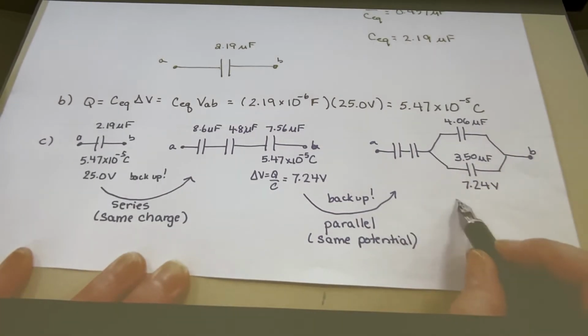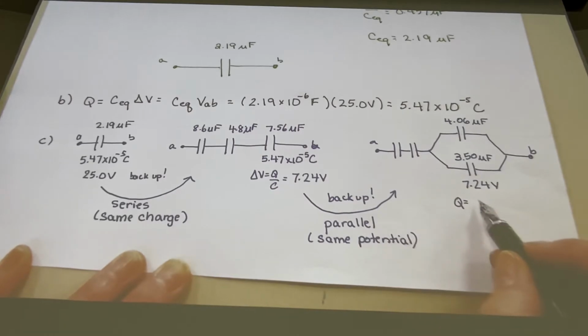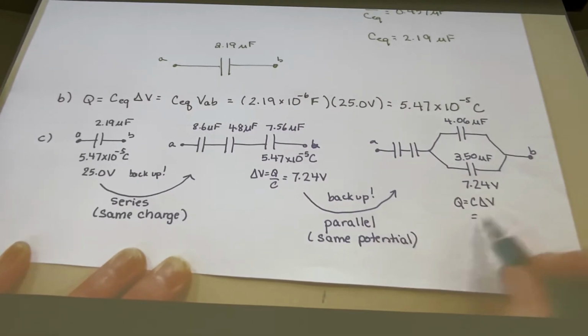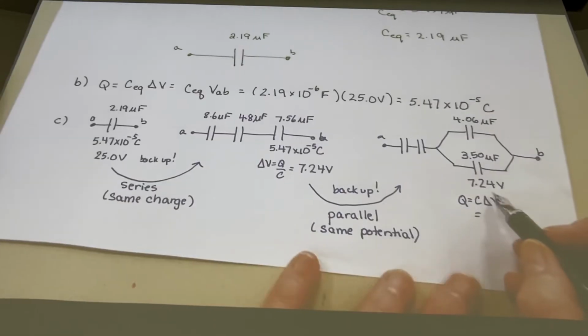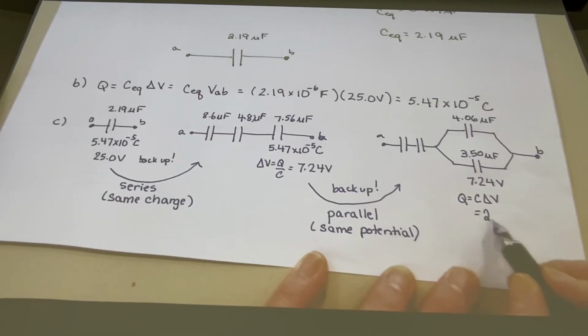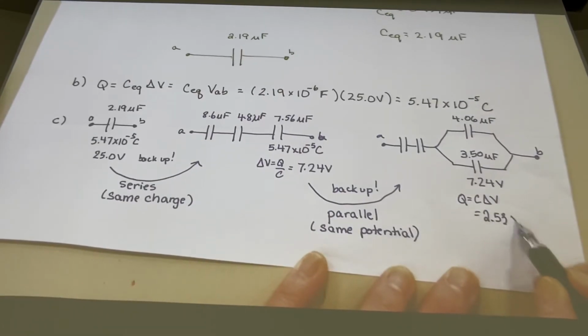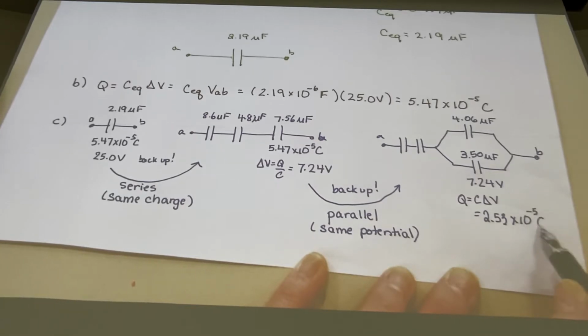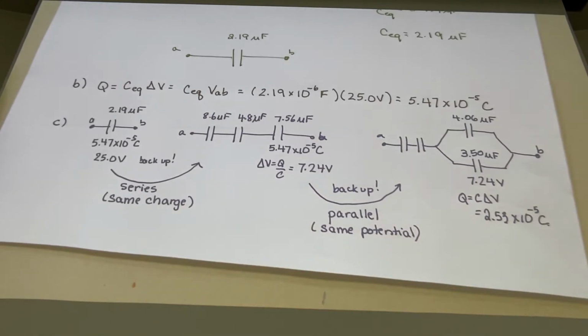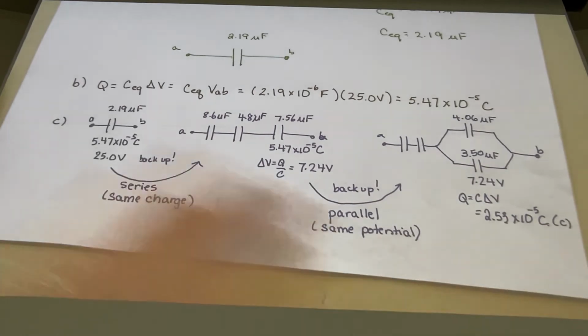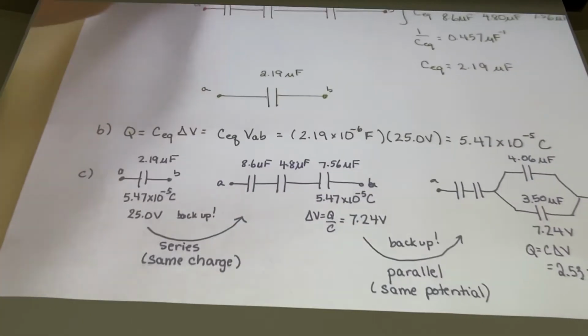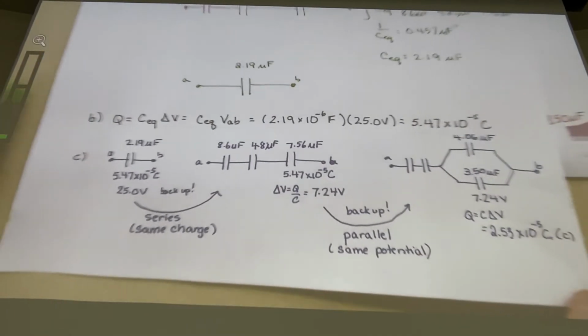So the amount of charge Q is going to be C times delta V. So 3.5 microfarads times 7.24 volts gives us 2.53 times 10 to the minus 5 coulombs. Okay, so that's our answer to part C. And then if we glance ahead to what question D asked, oh, I can't get it all in the picture. Zoom out just a tiny bit.